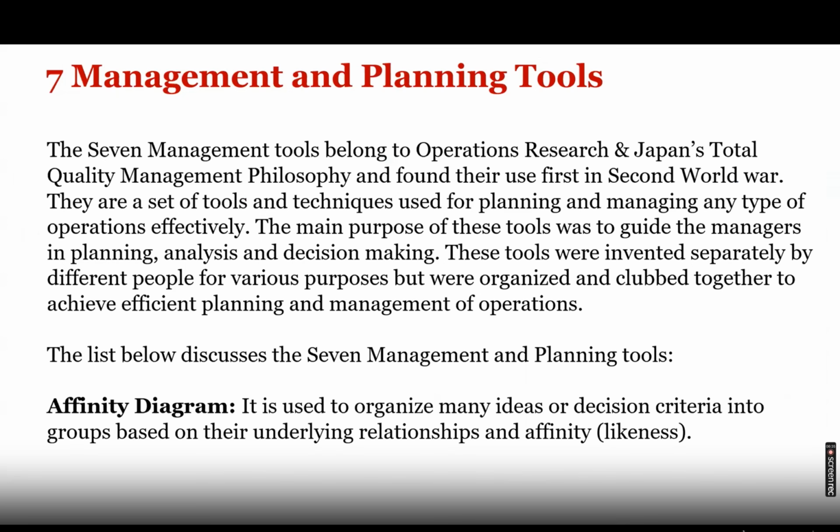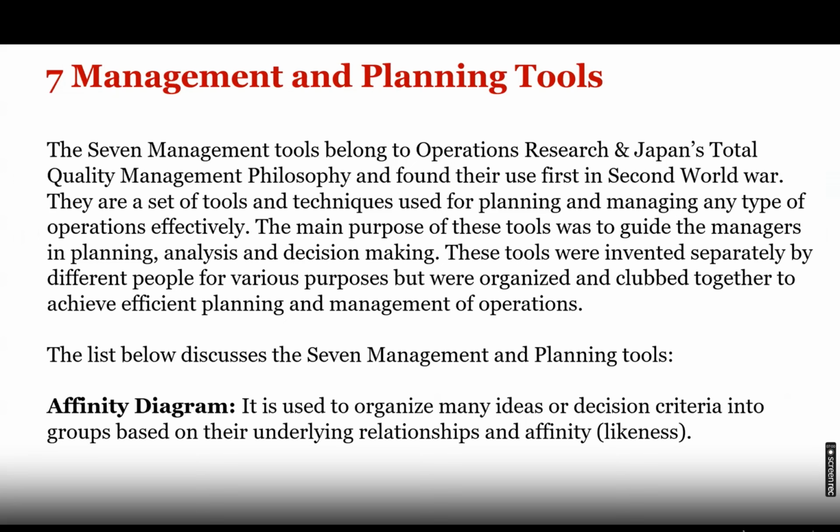Seven management tools. Now we have discussed the improvement plan, but there are a few management decisions that we can take before we actually try out the improvement plan. Before finalizing the improvement plan, some of these techniques we can apply.